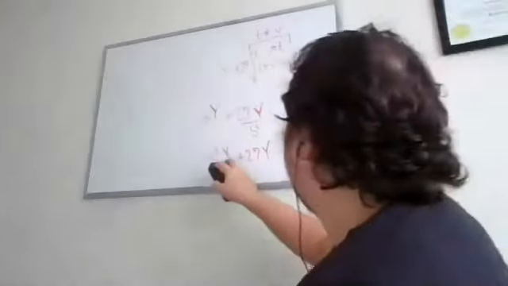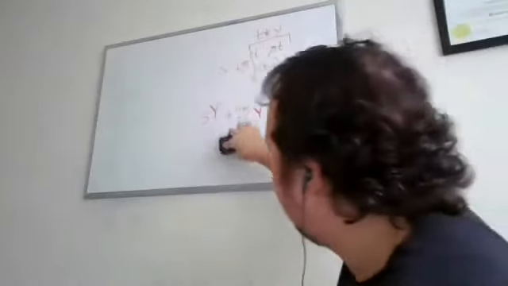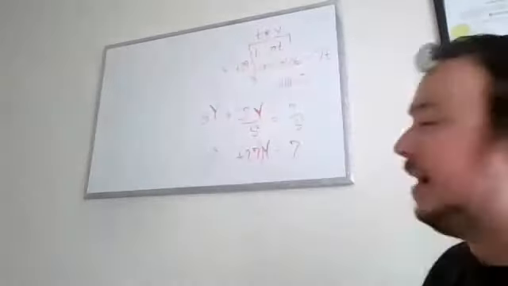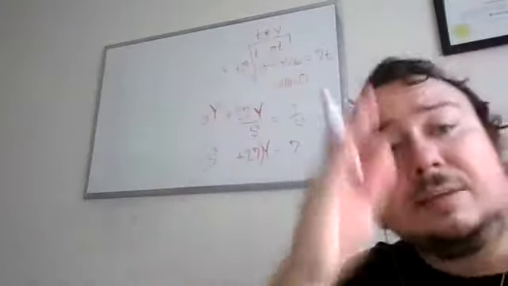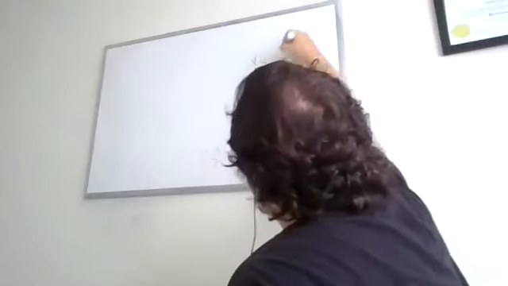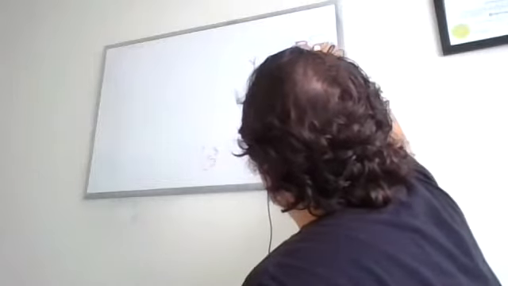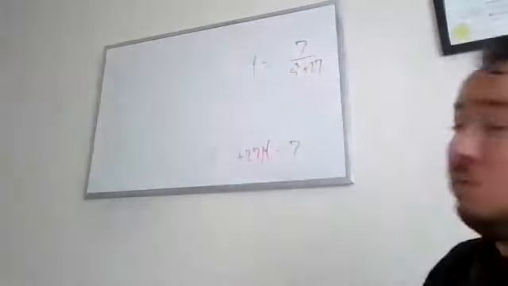And then I can factor out a Y here, and I'll get s cubed plus 27 times Y. And then I'm going to divide to the other side. So Y is going to be 7 divided by s cubed plus 27.